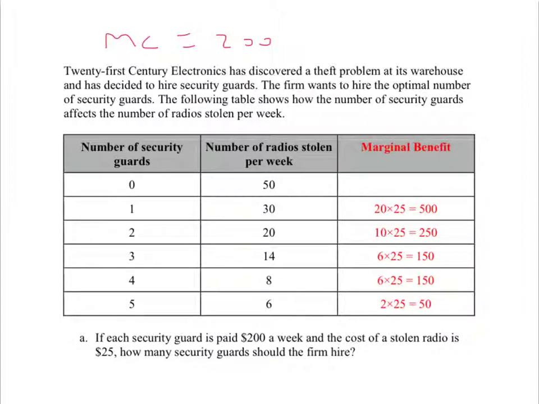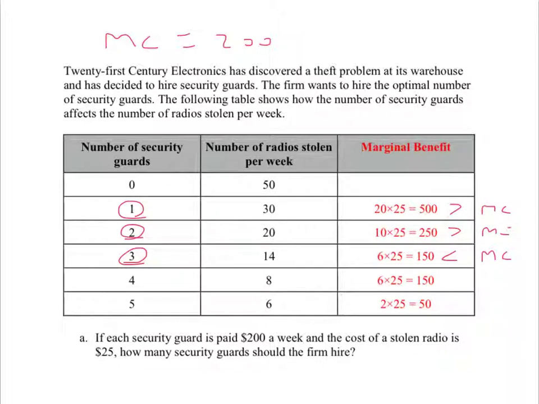So for the first security guard, marginal benefit is greater than marginal cost. For the second security guard, marginal benefit, again, is greater than the $200 marginal cost. But for the third security guard, we run into a problem. Marginal benefit is less than marginal cost.